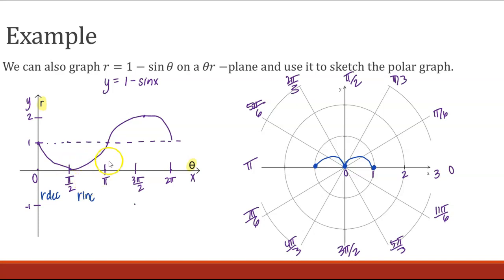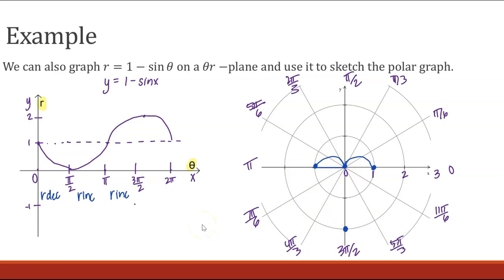Okay. Now, from pi to 3 pi over 2, r keeps increasing, but r is increasing from 1 all the way to 2. So at 3 pi over 2, the directed distance is 2. That means I can come down here and label that point, and so the radii just keep growing from 1 bigger and bigger all the way up to 2.